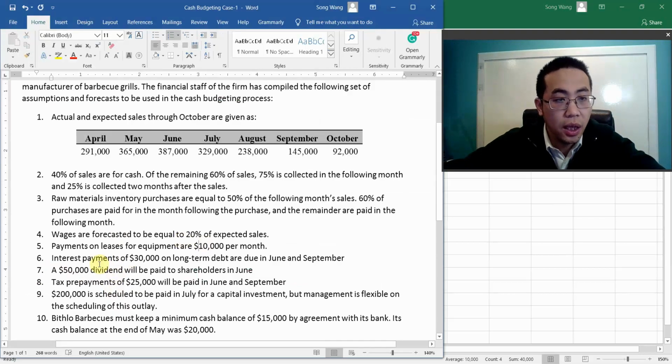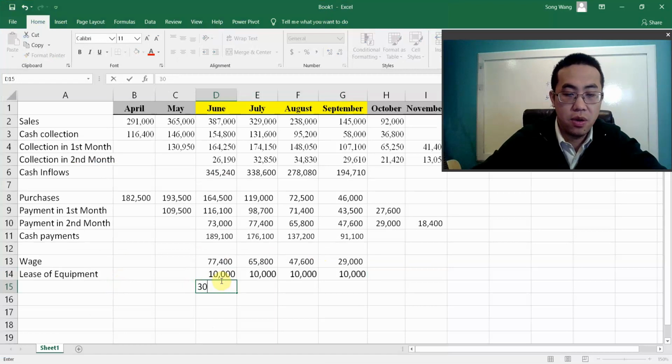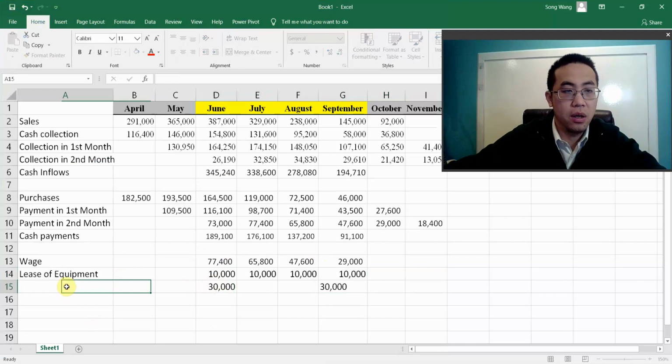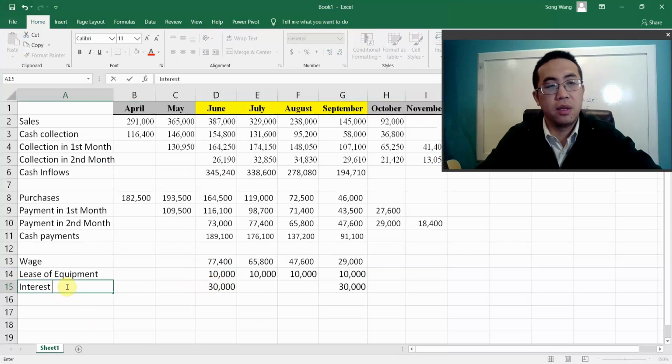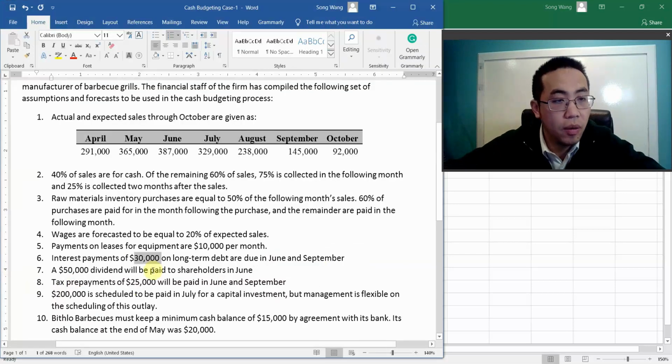The interest payments on long-term debt are due in June and September, and they each come with 30,000. So June and September, 30,000 here, and 30,000 here. These are your interest payments.